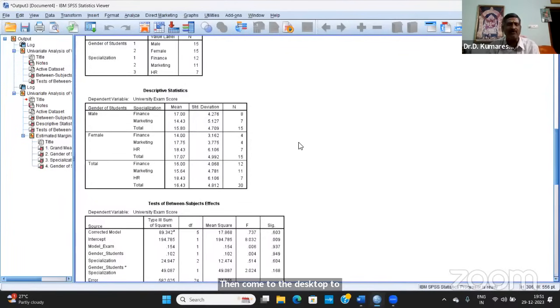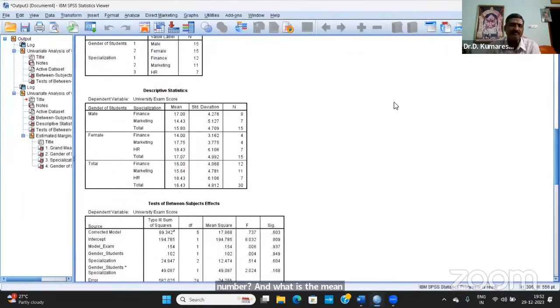I told you, no, descriptive statistics contain the mean and standard deviation. See here, we are having 2 independent variables, gender and specialization. So in each specialization, for each gender, what is the number and what is the mean and standard deviation?